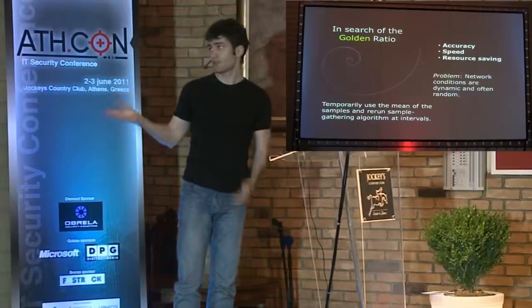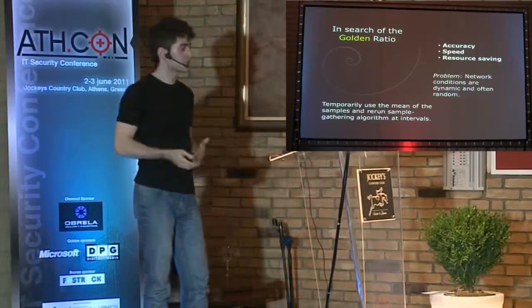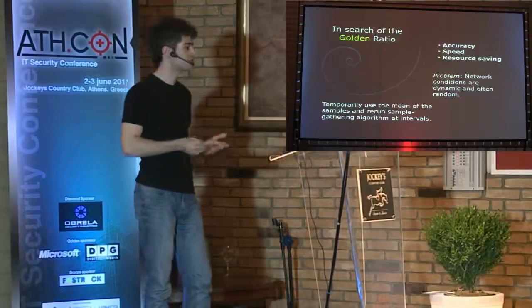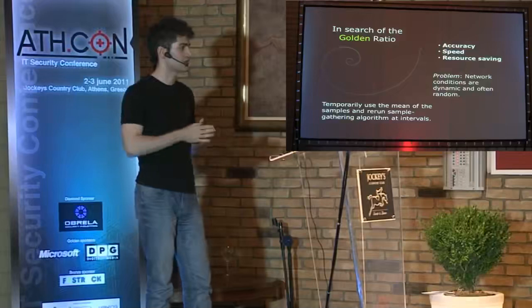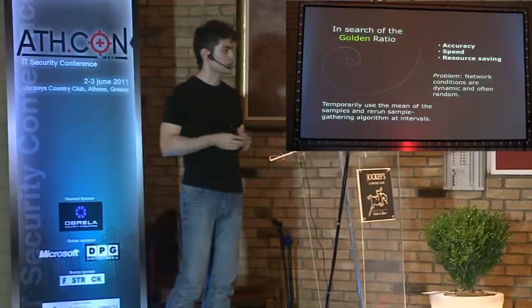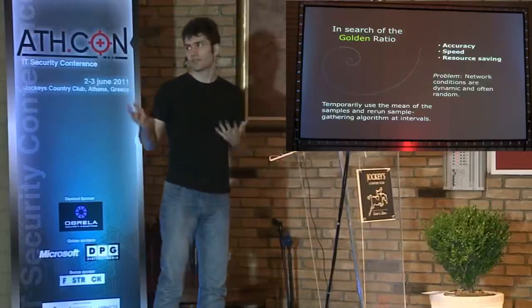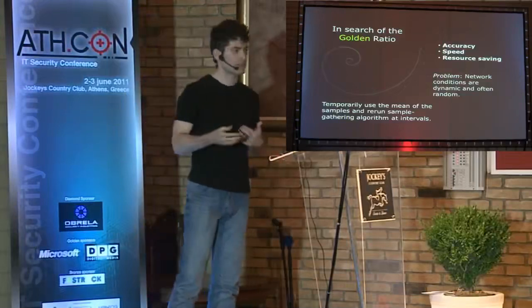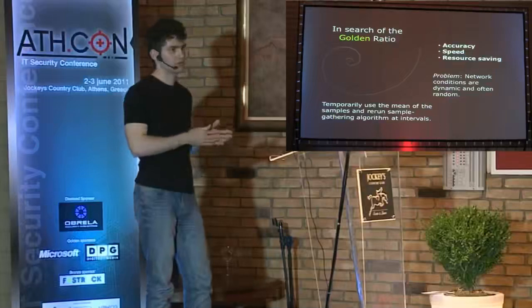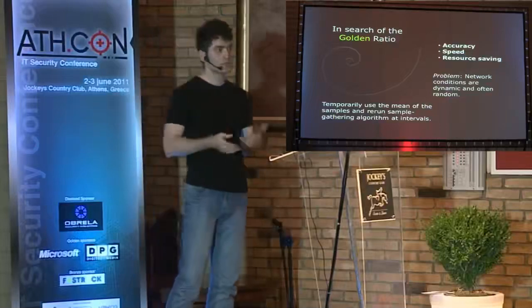The problem is, however, that the network conditions are quite dynamic. As I said before, we can never really be sure about the fluctuations in the network. So what we can really do is just rerun the sample gathering algorithm that we previously mentioned at random intervals.